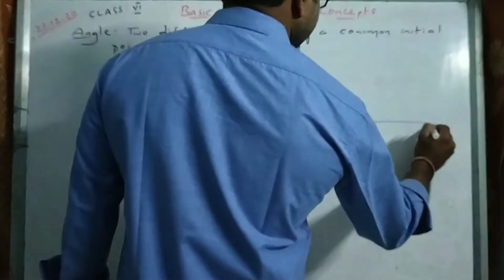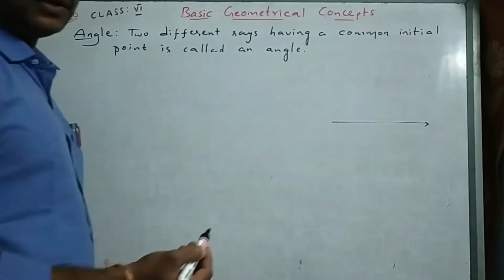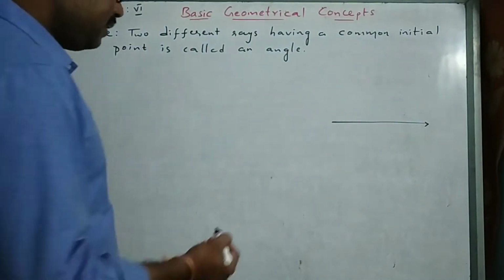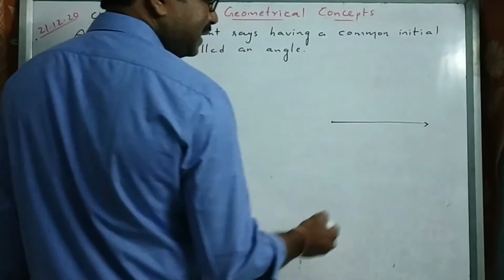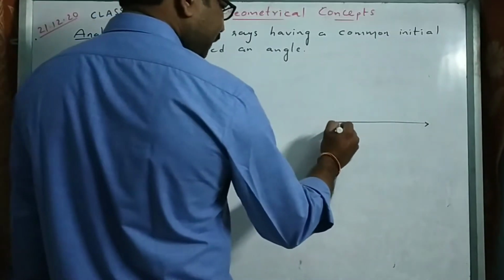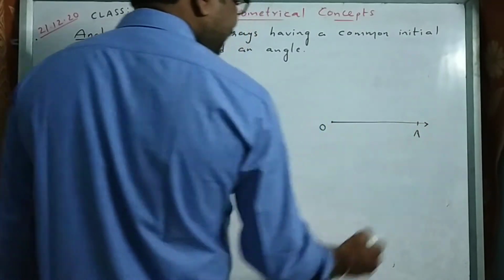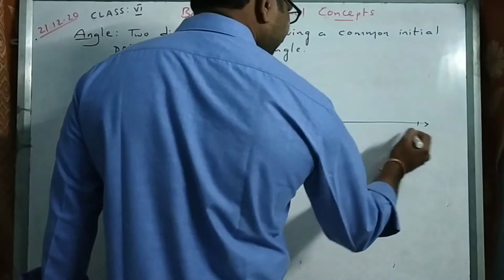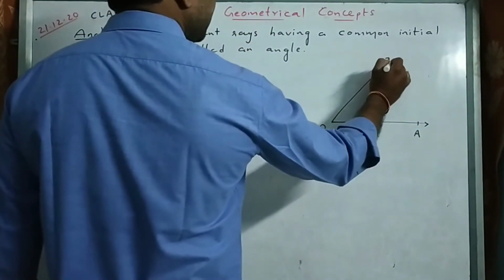I'll take it like this. See, this is one ray. Ray means, as I already told you, having one endpoint, one fixed point, and the other side extending indefinitely. So this I'll take as OA. OA ray is one ray. Another ray with the same initial point I am taking like this.